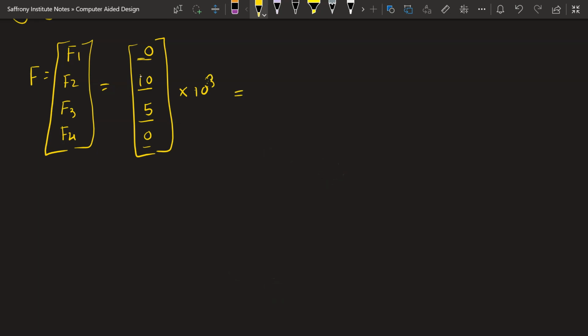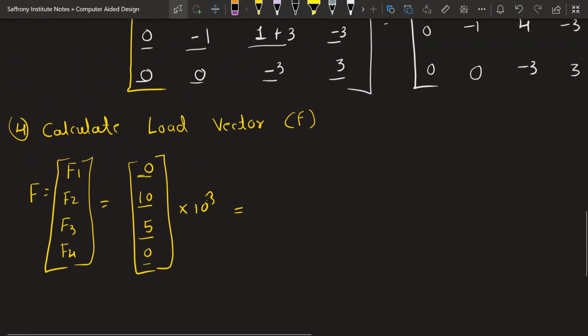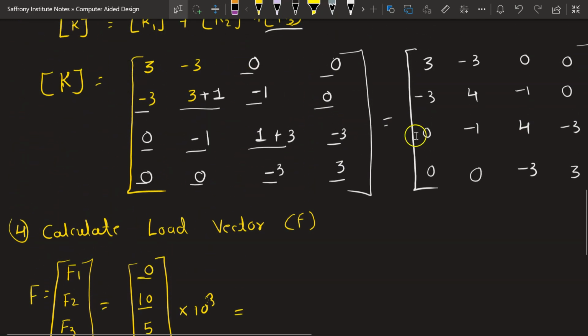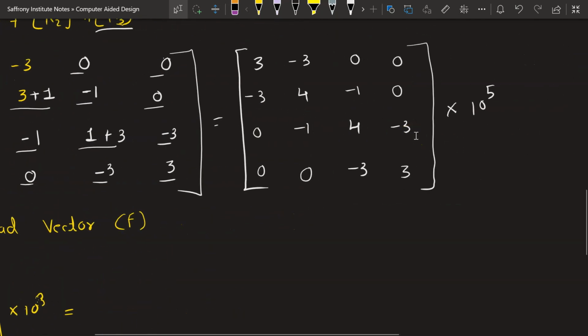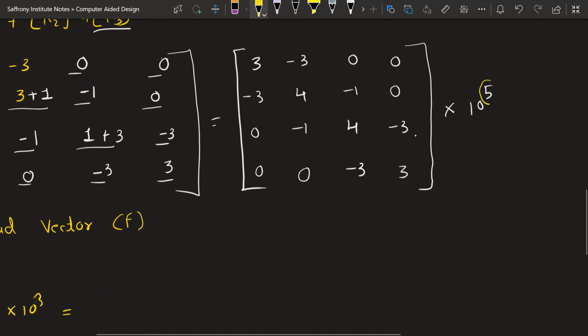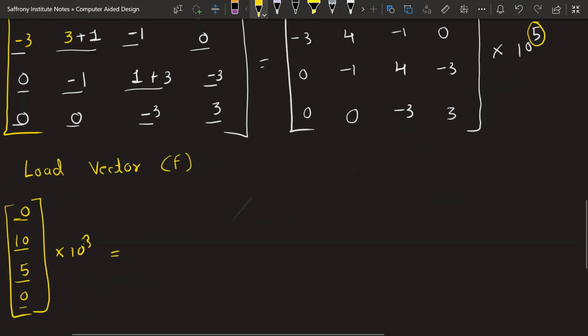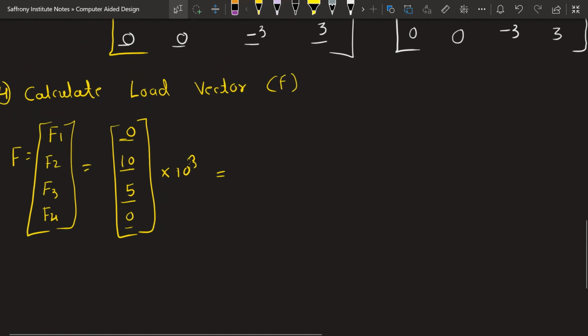Now we will try to equate both of these. How will we equate? What you need to keep in mind is that here is 10 raised to 5. Generally this practice will help you a lot: you need to convert this one also into 10 raised to 5. If I convert into 10 raised to 5, then I need to update these values.